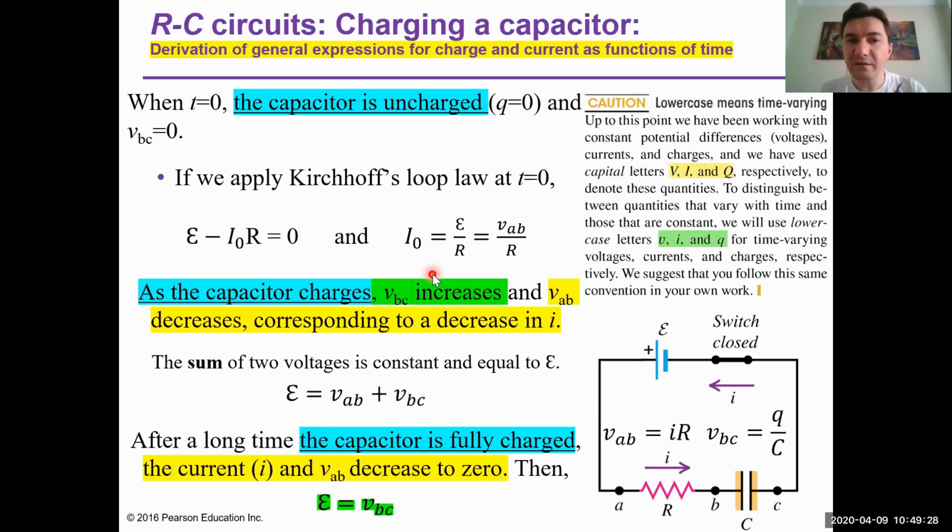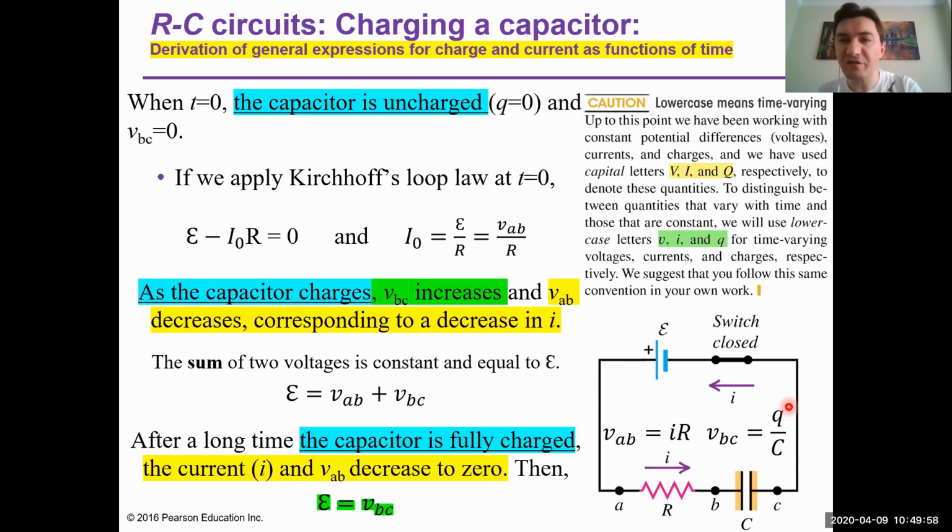So let's continue. This was when the time is 0. Now, the second condition: we continue to charge the capacitor. Time is increasing. Okay, so what happens here? With time, the charge on the capacitor will increase.